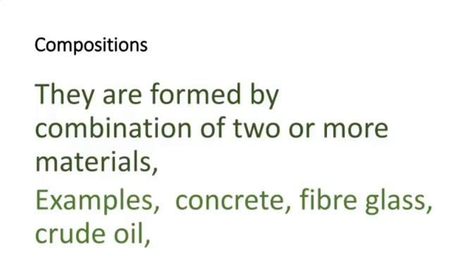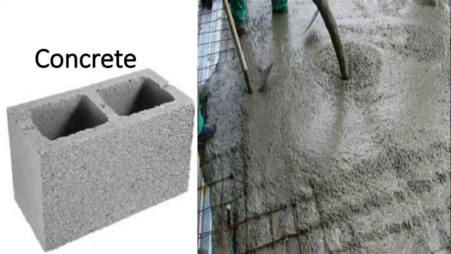Now talking about the composition, they are formed by a combination of two or more materials. For example, we have concrete, fiberglass, and crude oil. Now the concretes are formed by various materials.